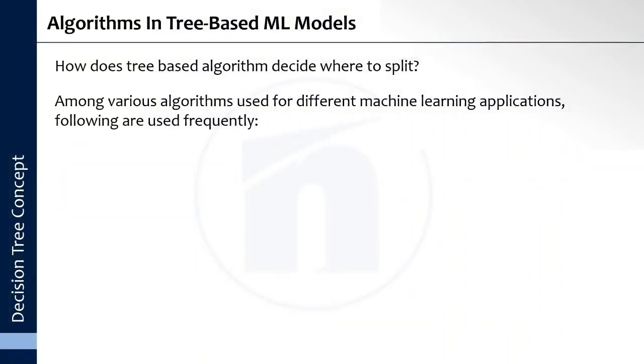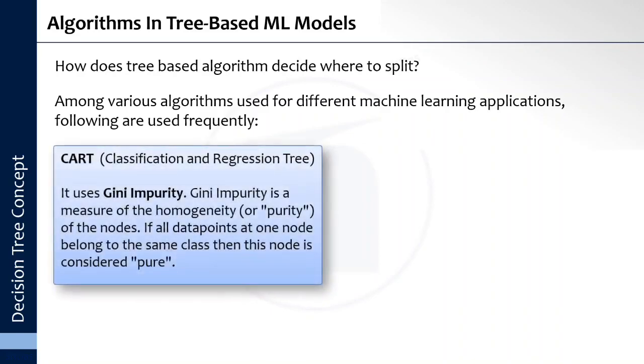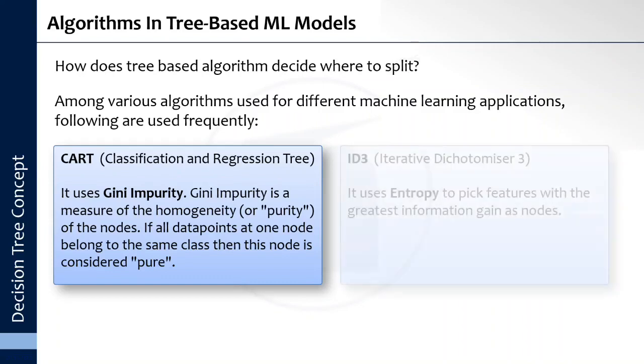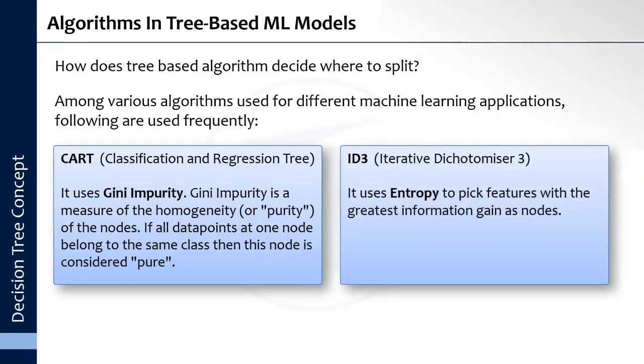So for the best split, we need to use a few tree-based algorithms. We had seen earlier that there could be many ways to split the dataset. Definitely, we cannot do trial and error, so we'll have to use some algorithm that will tell us the best way to split the dataset. Two algorithms are quite popular. One is CART, the classification and regression tree, and the other one is ID3, the iterative dichotomizer tree.